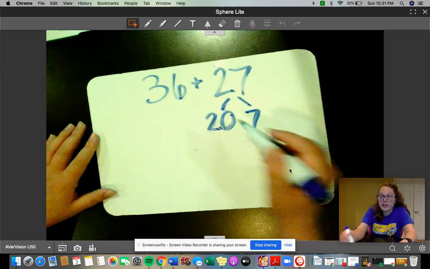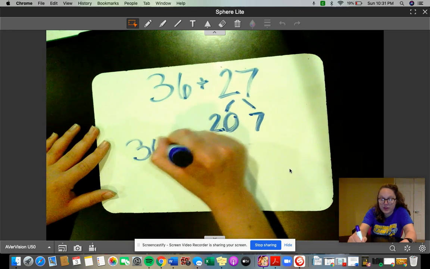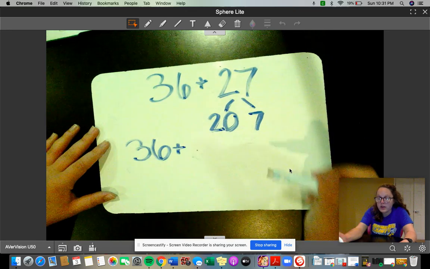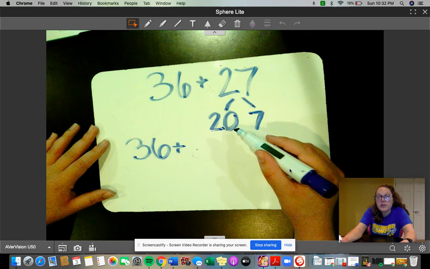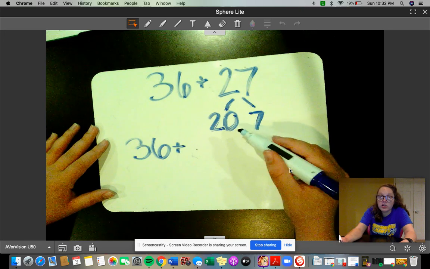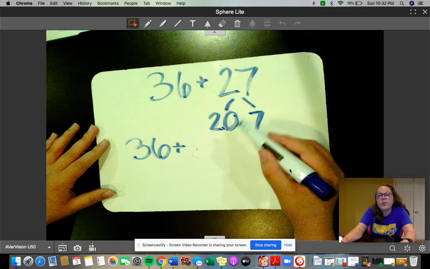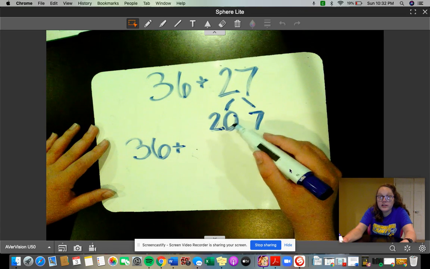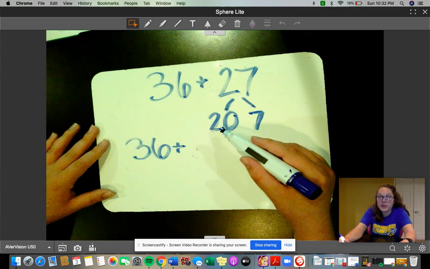We're going to take our 36 because we know that that is the number we haven't used yet. And I know that 20 seems like the bigger number, like it might be a little bit harder to add with. But because there are no ones, it's actually going to be easier because we're just going to be dealing with tens.